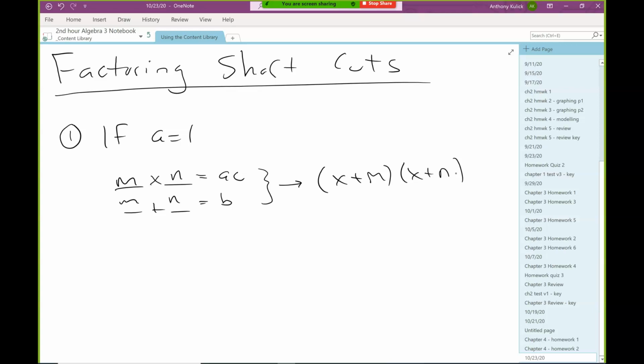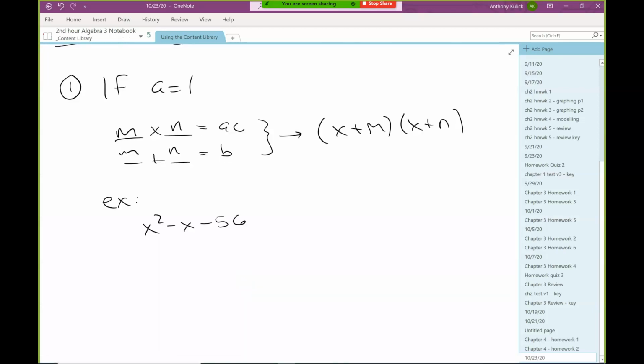All we really need to do is find the 2 numbers, and that allows us to write our factored answer without having to do any of the algebra. So let's do a quick example demonstrating how we do that. So let's say we have x squared minus x minus 56.